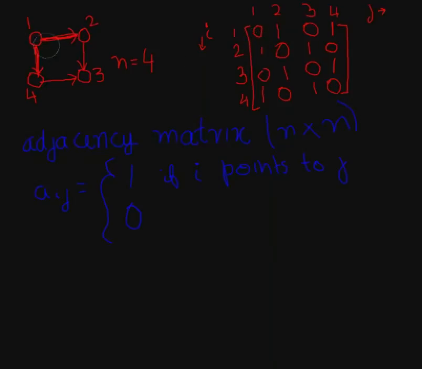Let's look at our matrix. Actually, I'm going to create a completely new adjacency matrix so that it will be easier to understand. Okay, so it's still 4 by 4, and now we check whether node 1 is connected to itself.